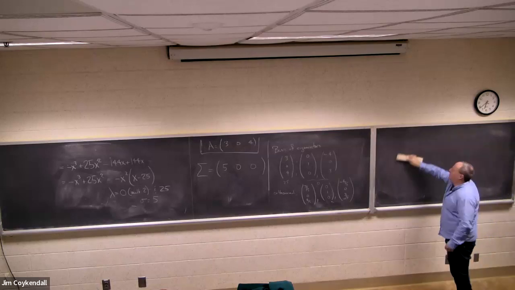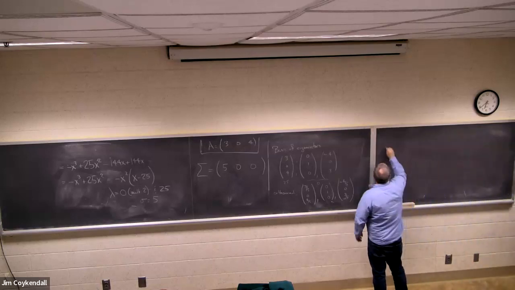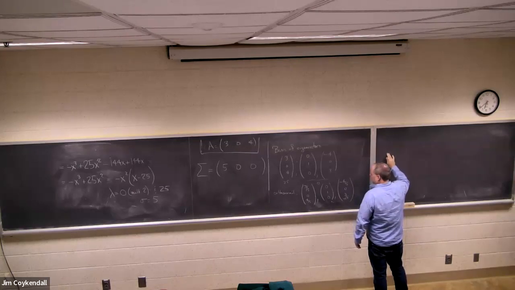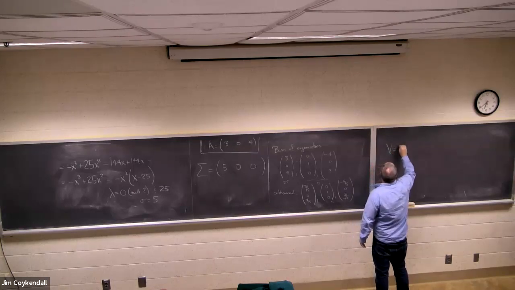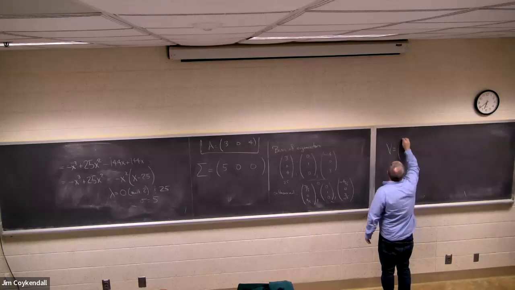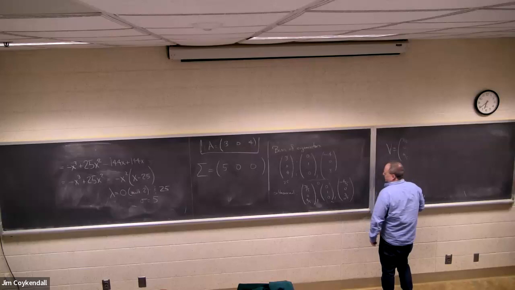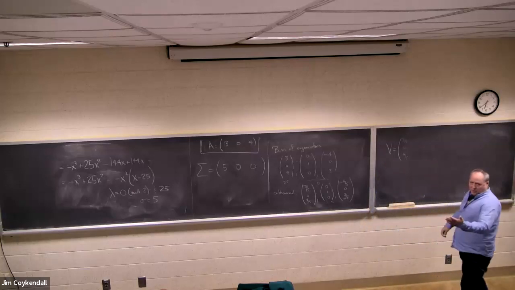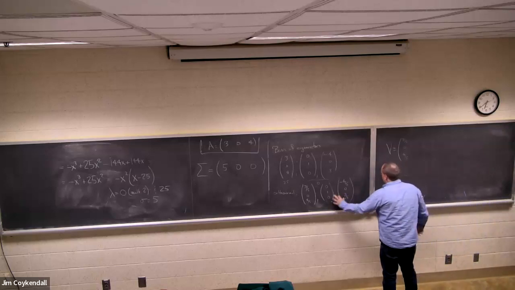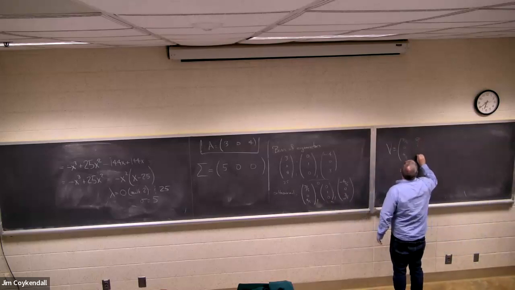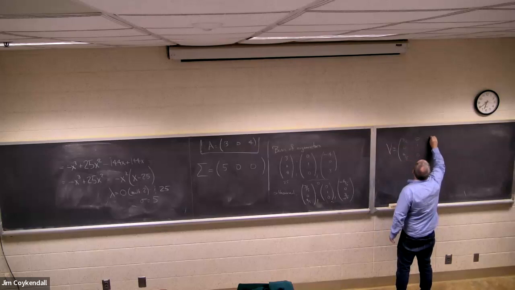So let me be sure that I'm carefully answering the question. B is 3/5, 0, 4/5. Remember, these should be in decreasing size of the singular values, and the order among the zeros doesn't really matter. Then 0, 1, 0 and minus 4/5, 0, 3/5.